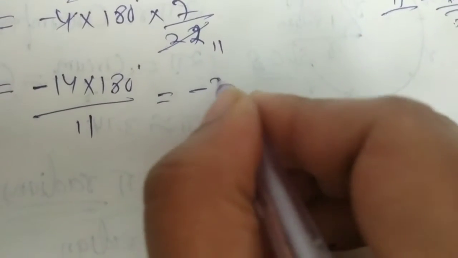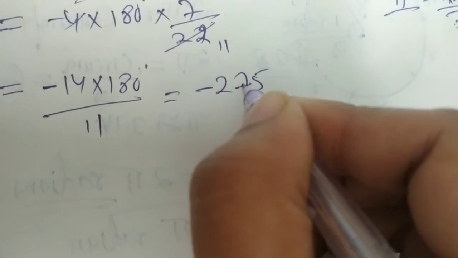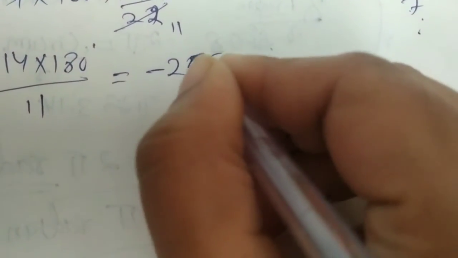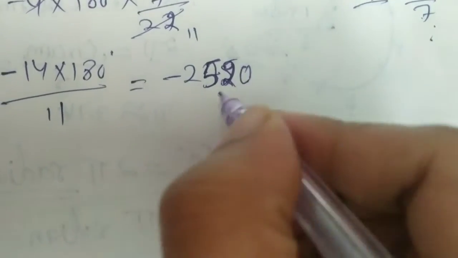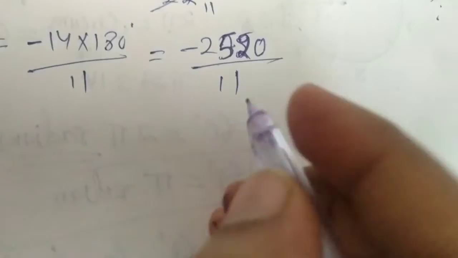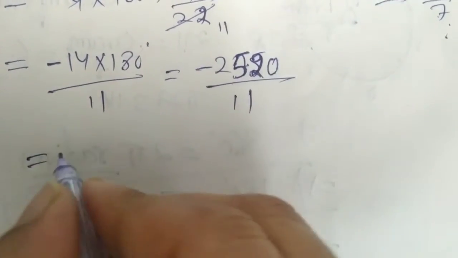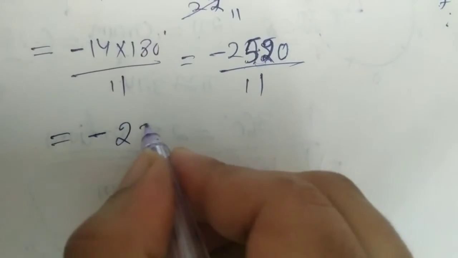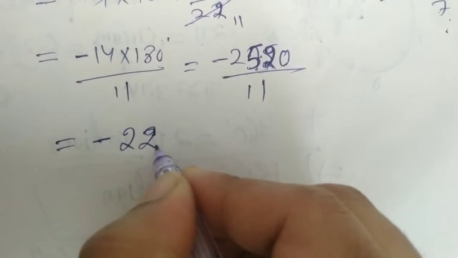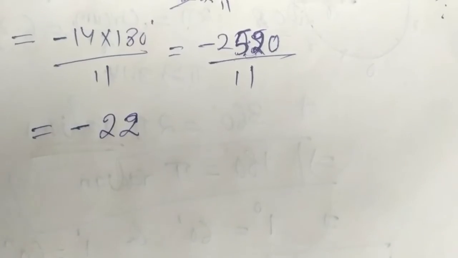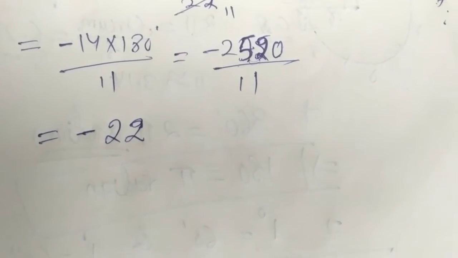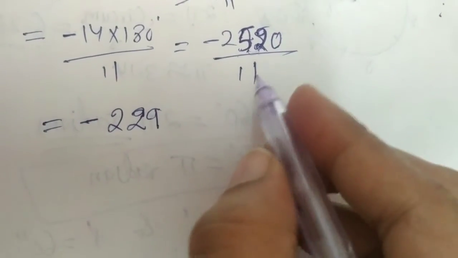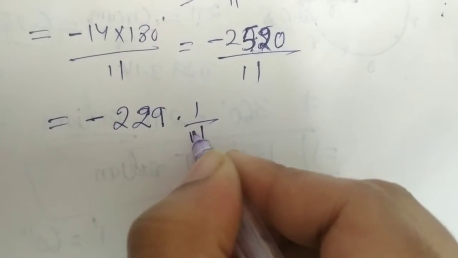This will be minus 252 and 0 upon 11. Now dividing this term by 11, I got minus 229 degrees, and 1 is remaining, that is 1 upon 11.